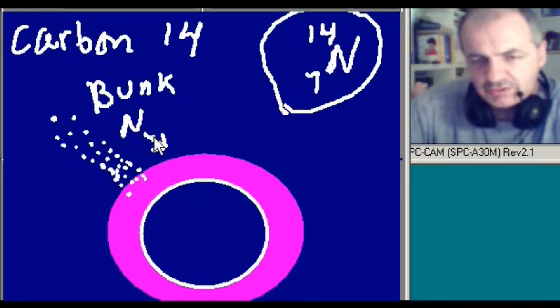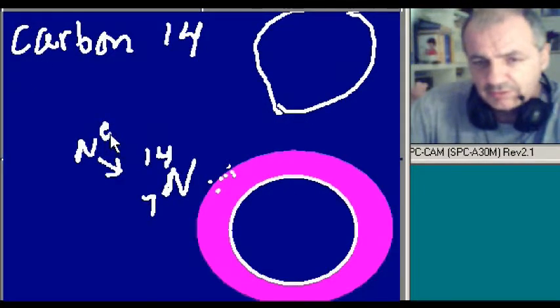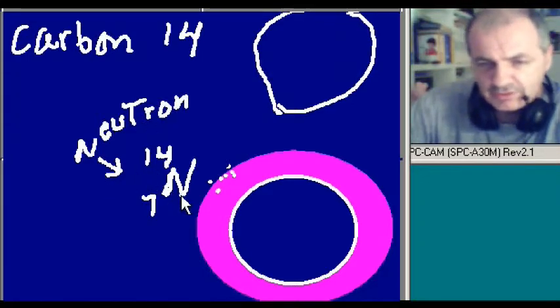Well, what happens when the neutrons come streaming into our atmosphere that's filled with nitrogen super duper fast? Well, they bump into things. So this neutron slams into one of these nitrogens. What happens when he slams into them?